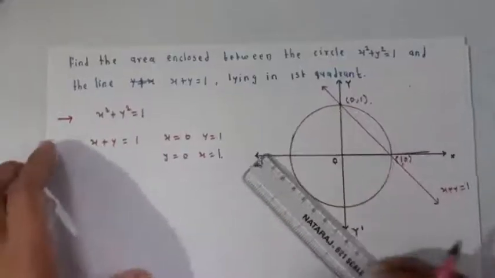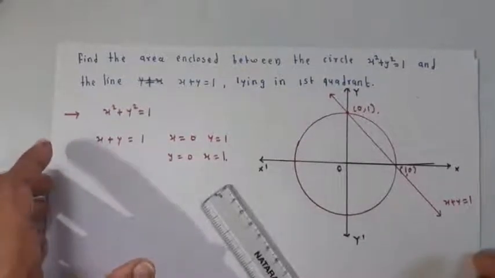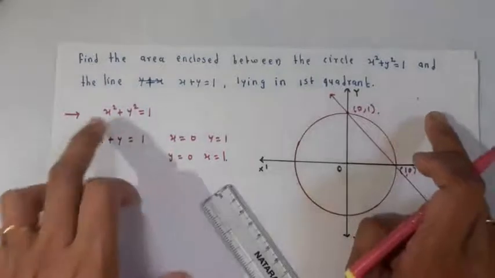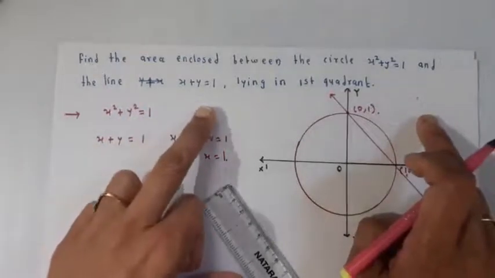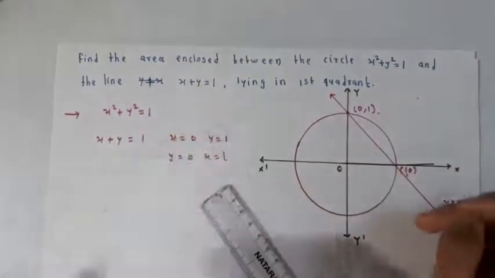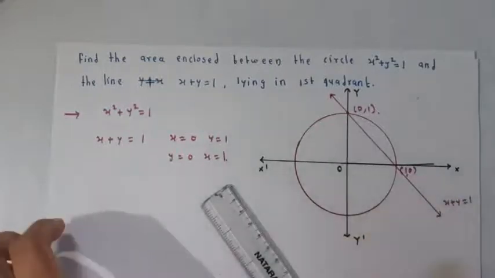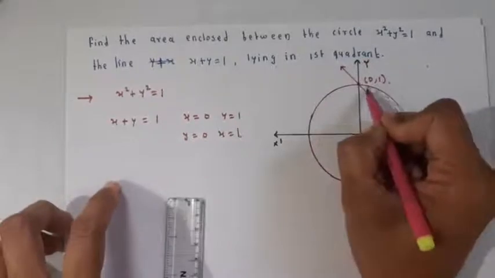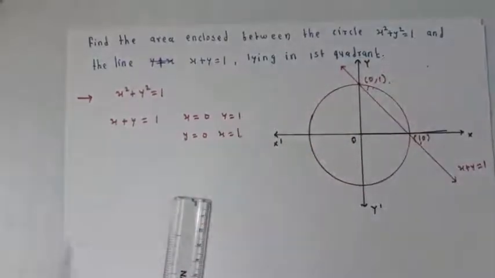And we have to find out the area enclosed between the circle x square plus y square equal to 1 and the line x plus y equal to 1 in the first quadrant. Okay, so here we have to find out this much area.